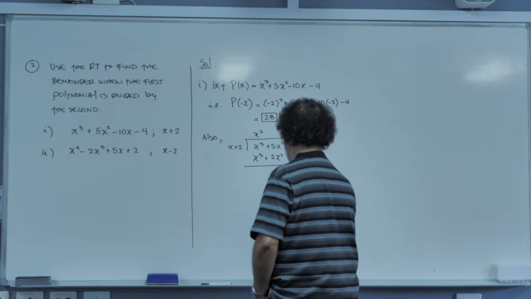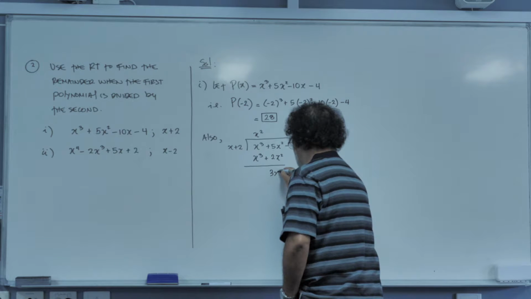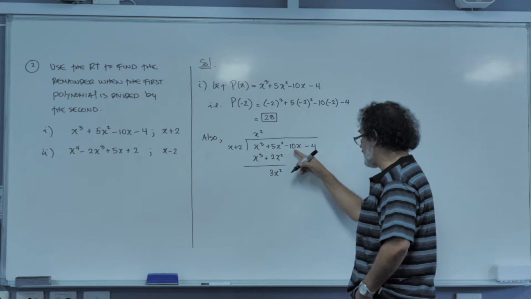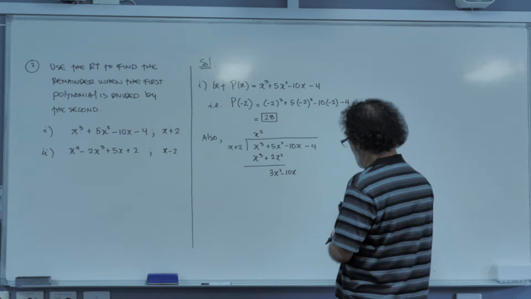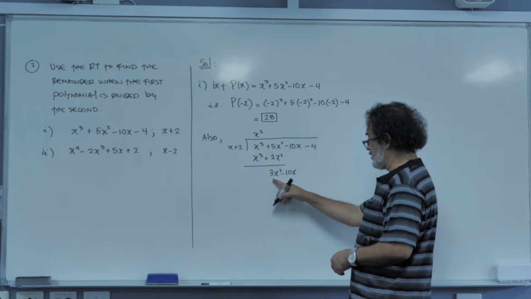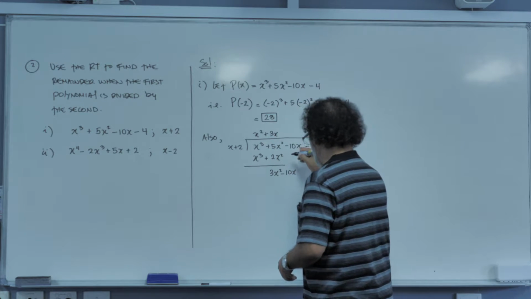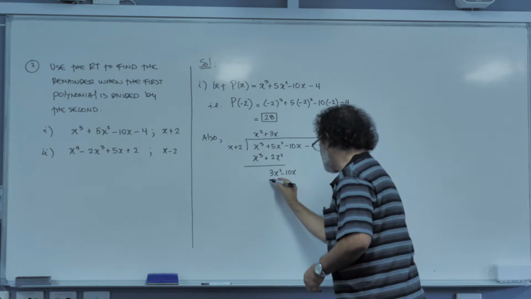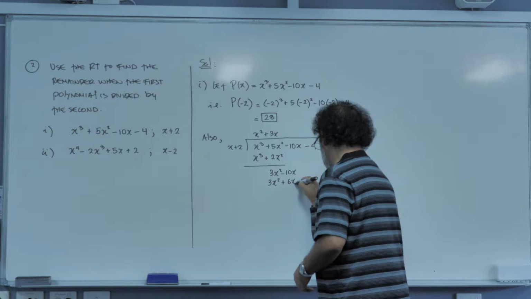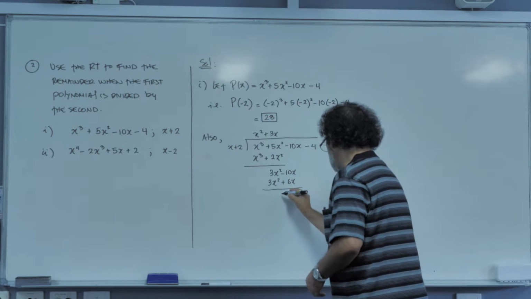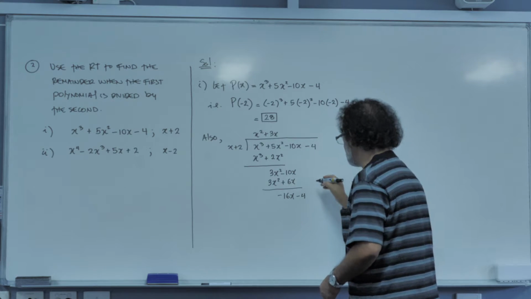Then we do the subtraction, so we're going to have 3x squared, and then we bring the next term down, which is negative 10x, and we do the same thing. We now need to multiply by 3x, so we put 3x on top, and 3x multiplied by x gives you 3x squared, and so on. So you're going to continue with this. Then the next one is 4.